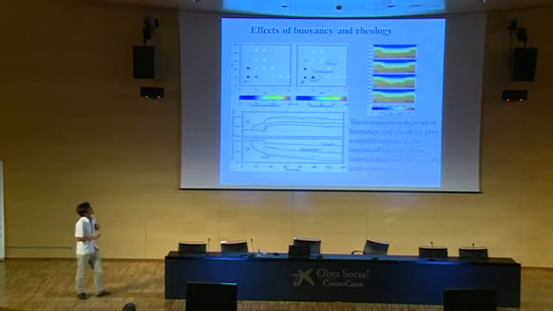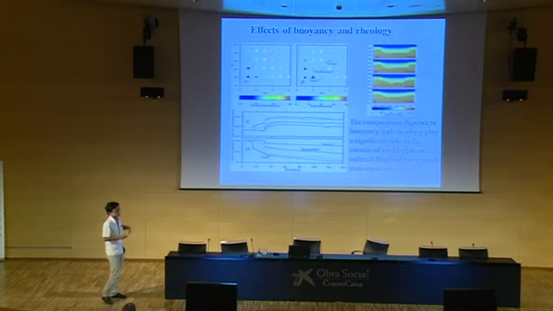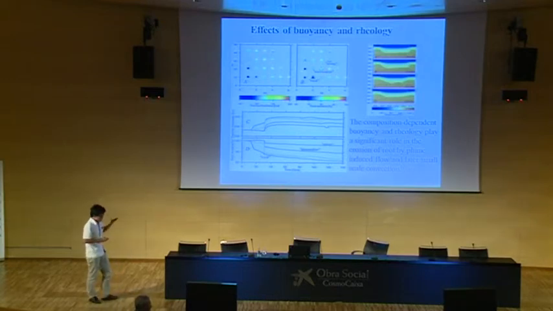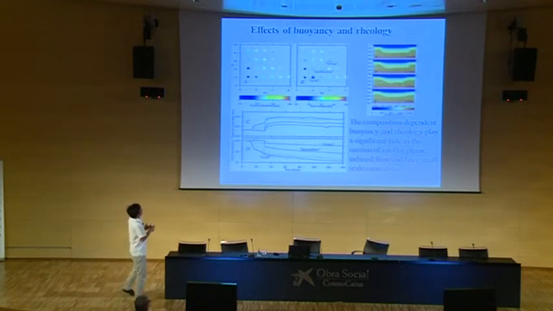We define delta eta equals 4 and delta rho equals 30 as a strong root, which is highly viscous and buoyant. This one is intermediate, with delta eta equals 3 and delta rho equals 20. And this one is weak, with a strengthening factor of 2 and a buoyancy of 10.